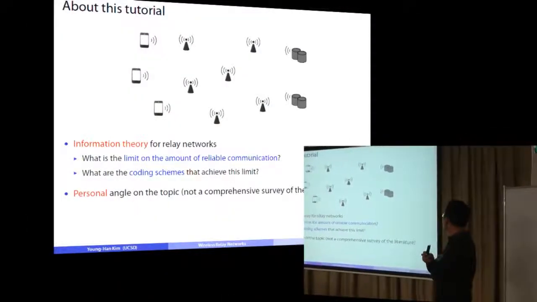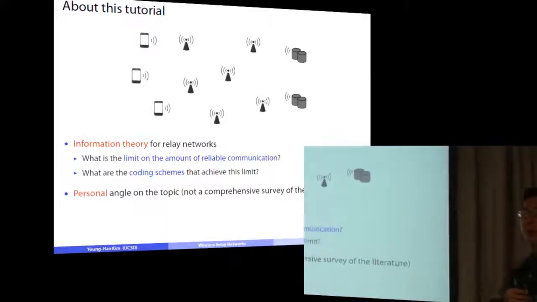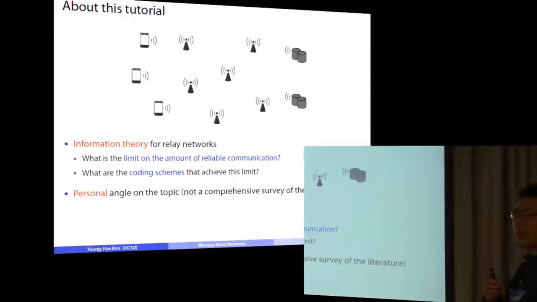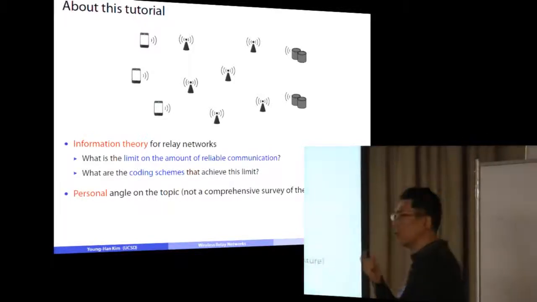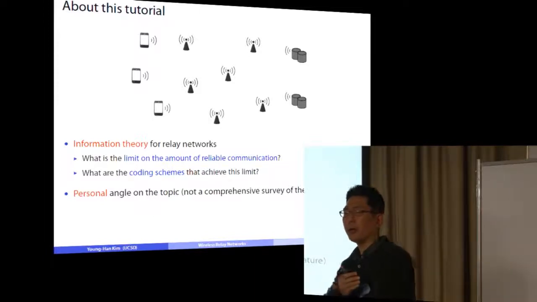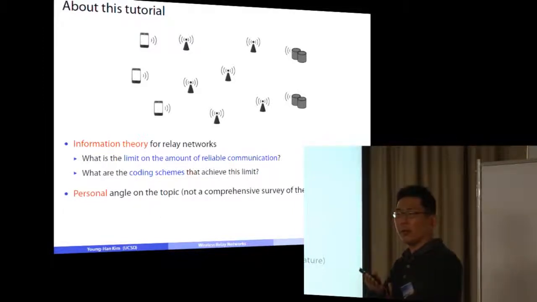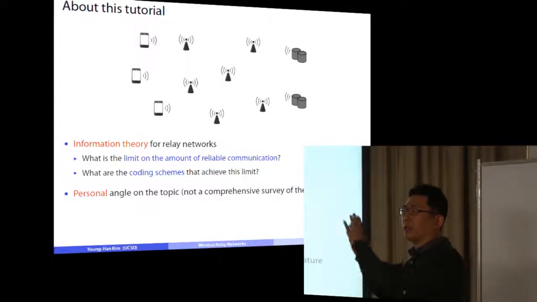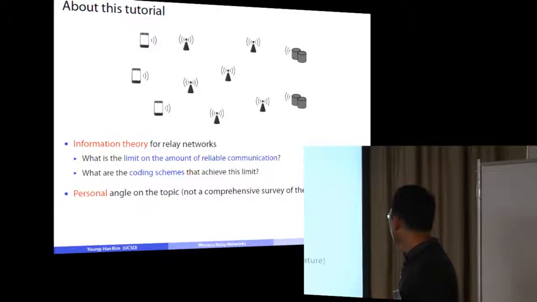And this is a very well-studied area in a sense. Over the past few decades, there have been tens of thousands of papers published on this topic. Naturally, what I can deliver today is a very narrow and very personally biased view on the topic. For example, there are people in the audience who know way more than I do, including Gerhard Kramer. So it's a snapshot of what we have discovered on this type of problem.